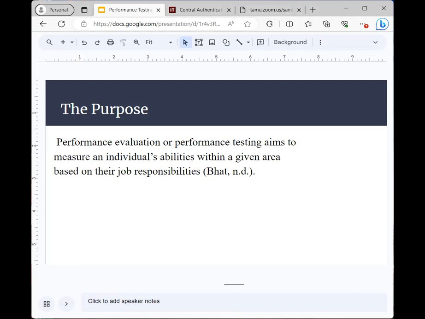So when you think about the method or the implementation process, performance evaluation can be implemented in various ways or different types of methods. For instance, self-evaluation.